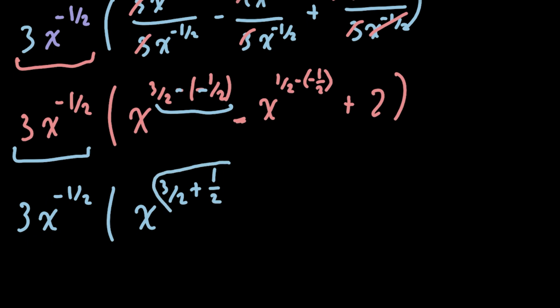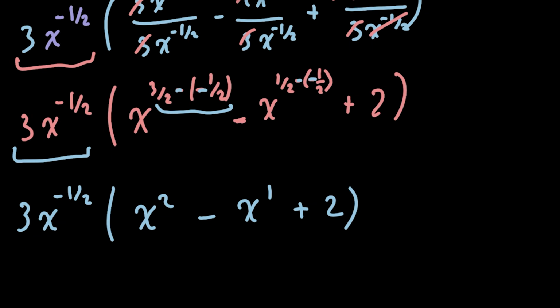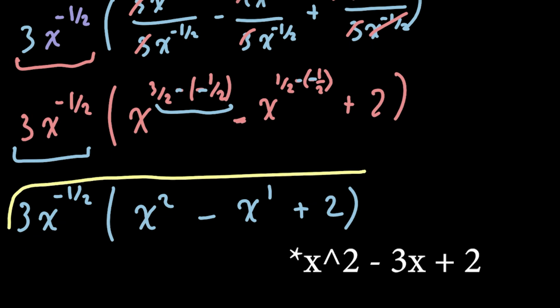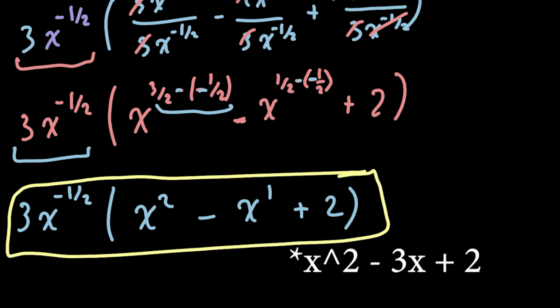So here we will get 4 over 2. 4 over 2 is nothing but 2, so we'll just write x to the power 2, minus, here we will have x, minus minus would be plus, a half plus a half, it will be just 1, plus 2. So as you can notice, this is the final solution for the factoring.